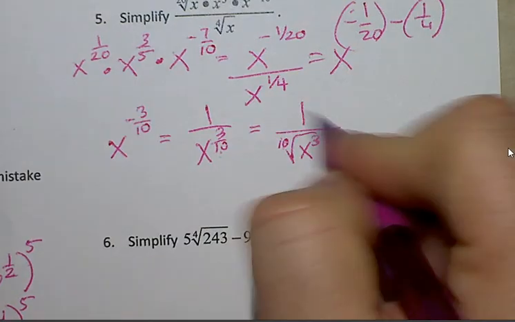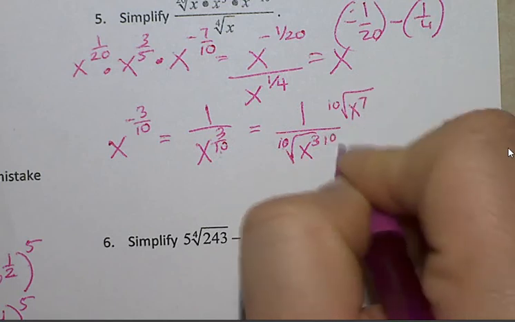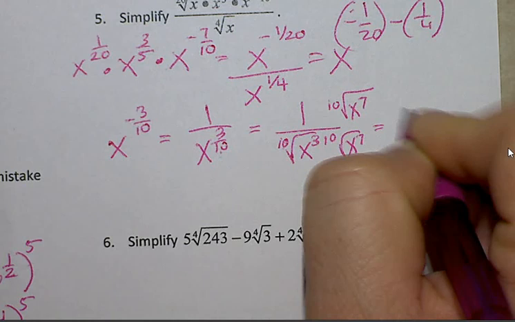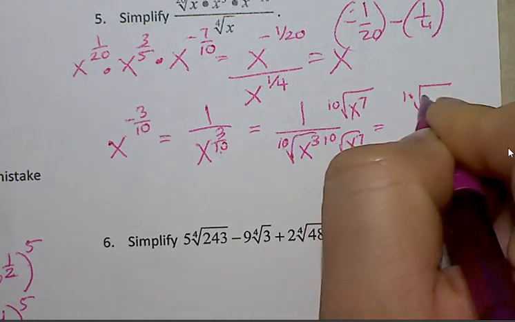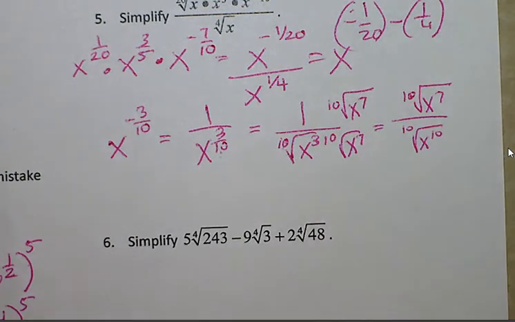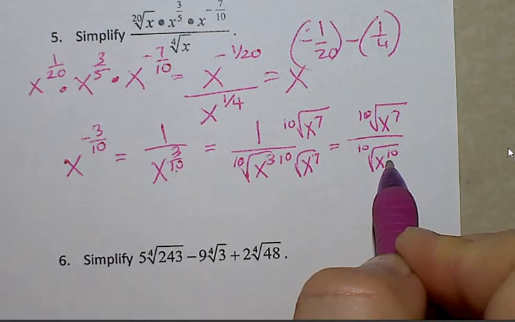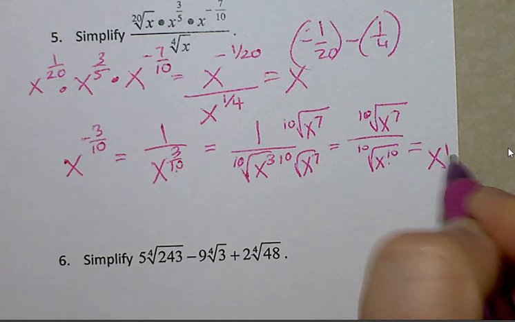Okay, let's do 7 to the top and 7 to the bottom. How many groups of 10 can you take out of 10? 1. We no longer have a broken math rule.